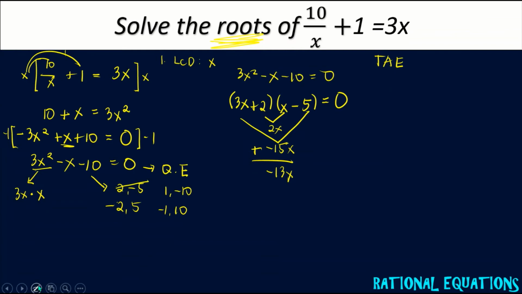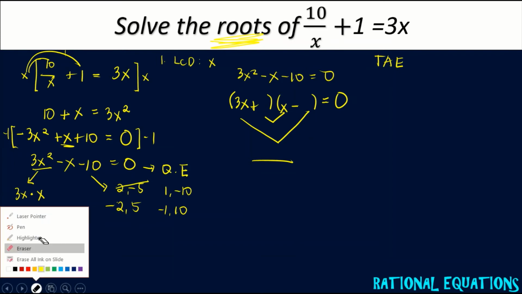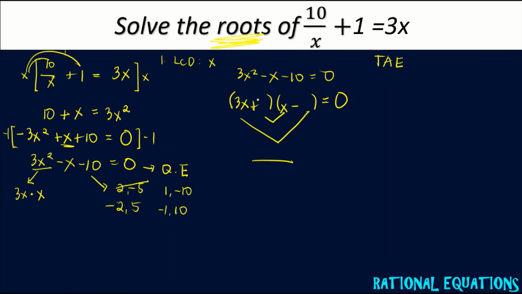So, paano naman kapag kukunin natin yung kabaliktaran? So, erase natin yung part na ito since, okay, we are using the trial and error. So, paano kapag nandito naman yung 5, tapos andito naman yung 2. Okay, so let us try. Dito ang 5, tapos dito ang 2.